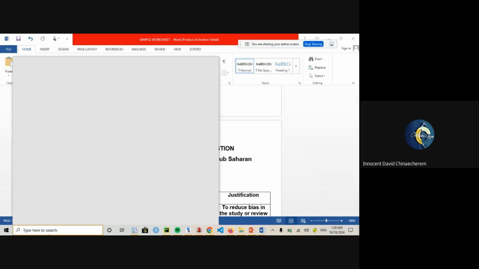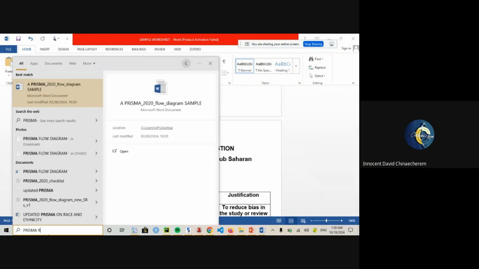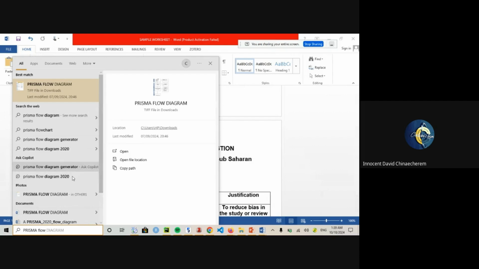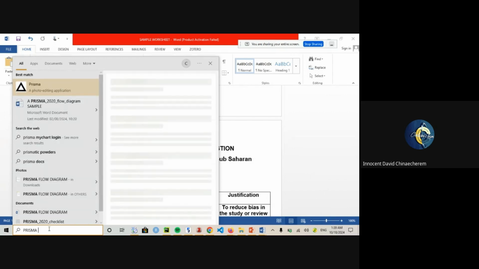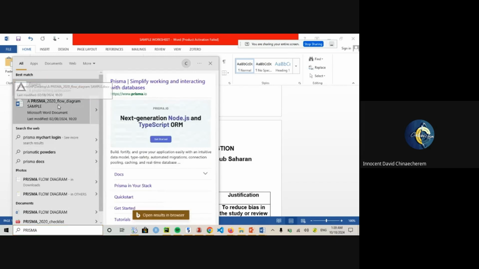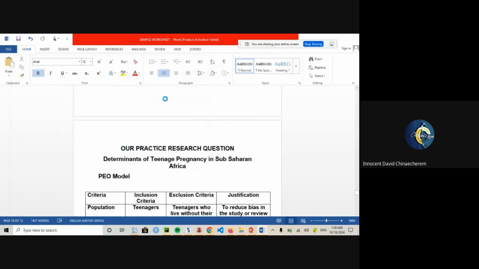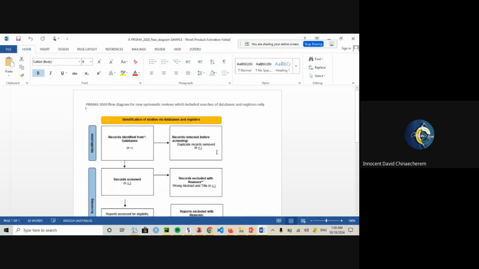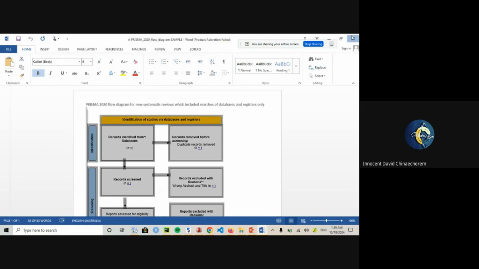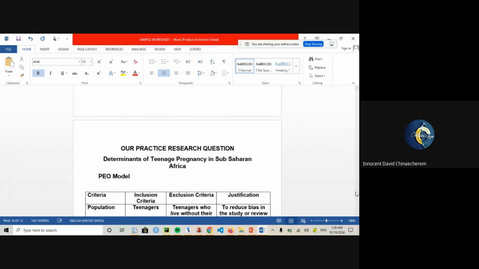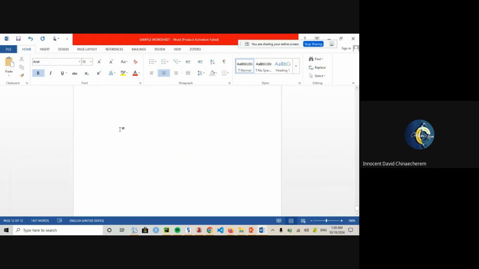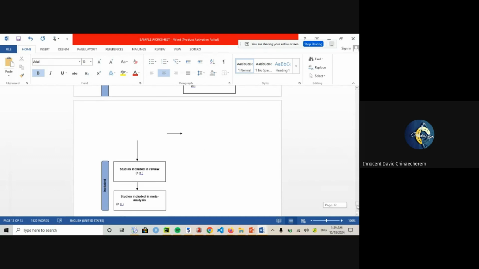Now I'm also going to bring in a sample of the PRISMA flow diagram to make it more interesting for us. I have just saved a fresh PRISMA flow diagram. I'm going to place it here to show us how we can also record our search results.